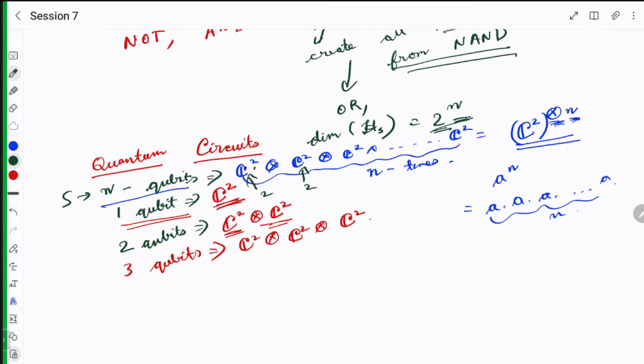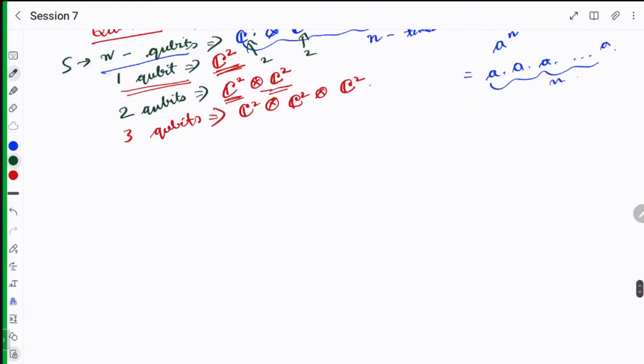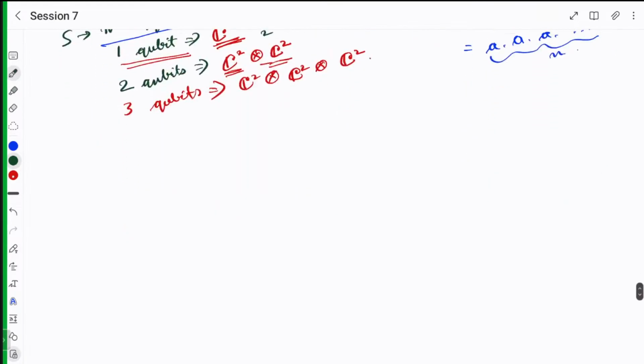Now, if you have such a system with n qubits, then the quantum circuit would look something like this. Initially, you would prepare all the qubits in the ket 0 state. Generally, this is the norm. Sometimes in quantum circuits you can also see that we start from some state other than ket 0, but in general we will start from this state.